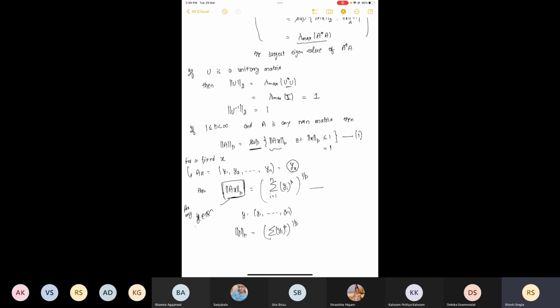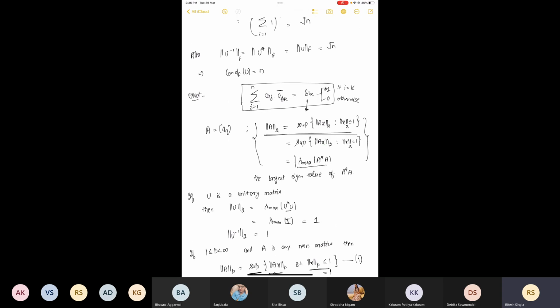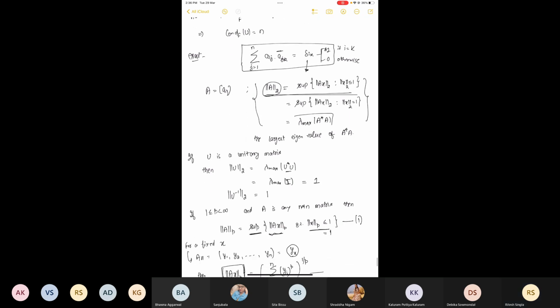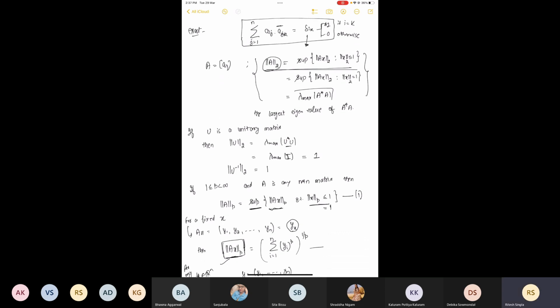So how come you will use the supremum here? It is for a fixed number. So for each fixed x, you have to calculate the norm of Ax and then take the supremum of everything. But for the L2 norm, this equation is also true: you just find the maximum eigenvalue of A star A. I'm not saying it is true for any p.